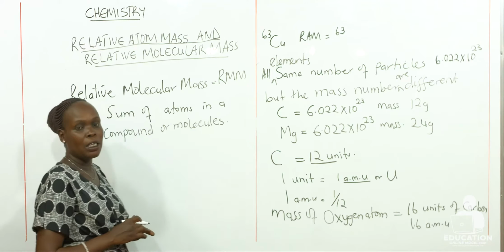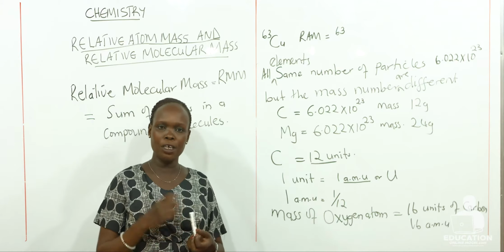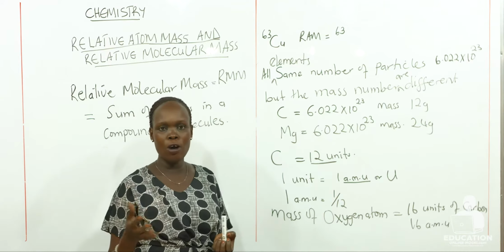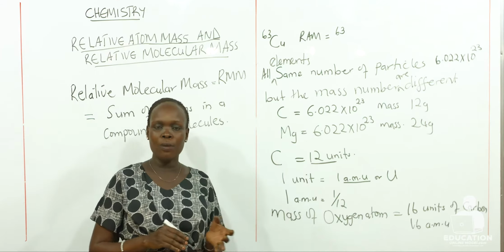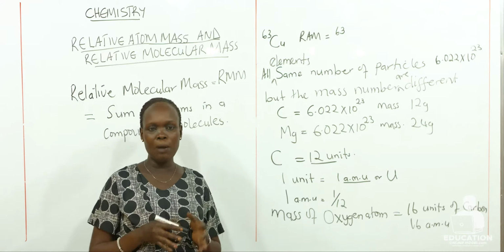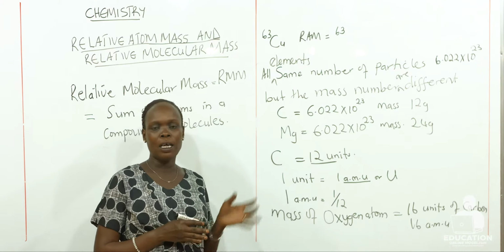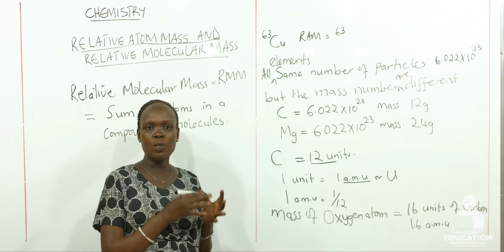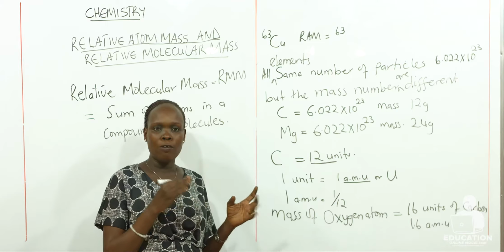So here when we say the sum of atoms, it means any compound is formed from either 2, 3 or 4 atoms, or any molecule is formed from either 2, 3 or 4 atoms. So we need to sum up the relative atomic mass of those atoms, then we get the relative molecular mass of the compound.